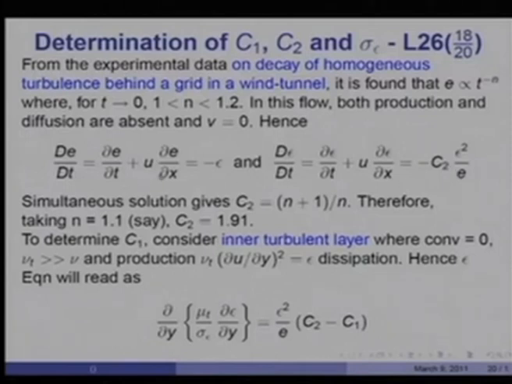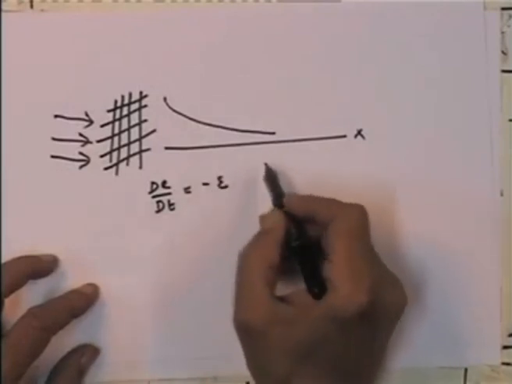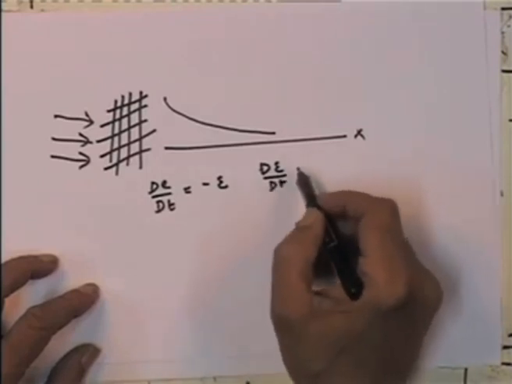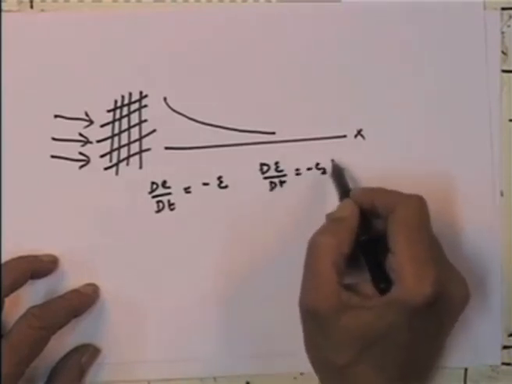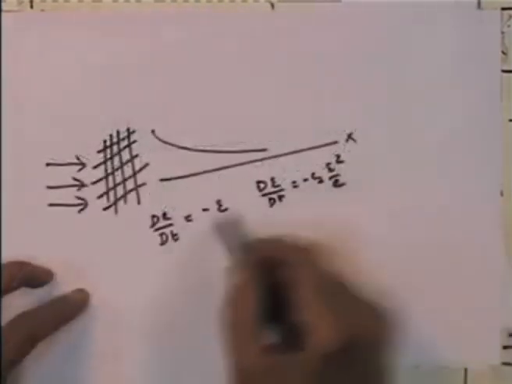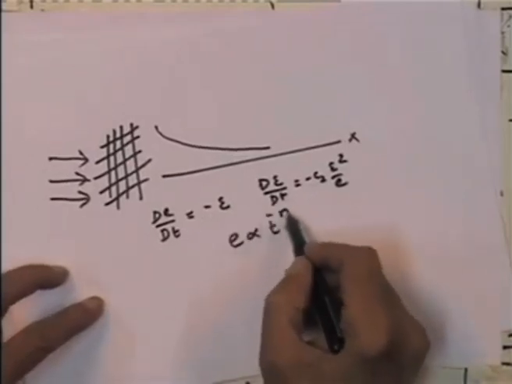If we solve these two equations, dE by dt is equal to minus epsilon, and d epsilon by dt is equal to minus C2 times epsilon squared by E, with the observed fact that E is proportional to t to the power of minus n. Intersubstitution shows that E should vary as t raised to minus n.